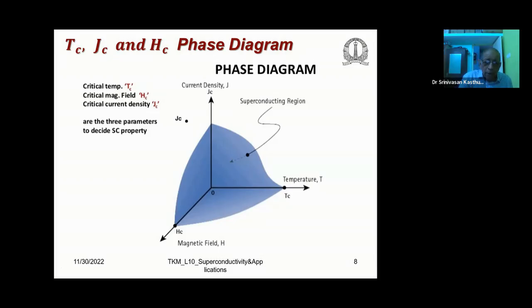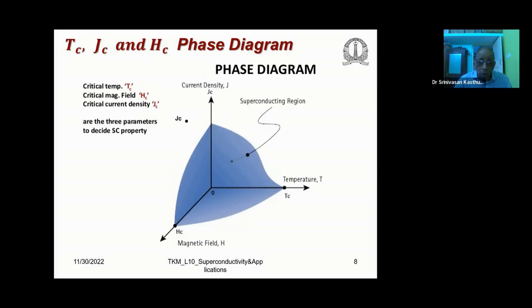So now what it says is that you can pass a current, or the current density, we can say current per unit area, up to the JC value. That is this blue line, this blue envelope top point. That's your JC current value. Any current below this you can pass, but not beyond that.